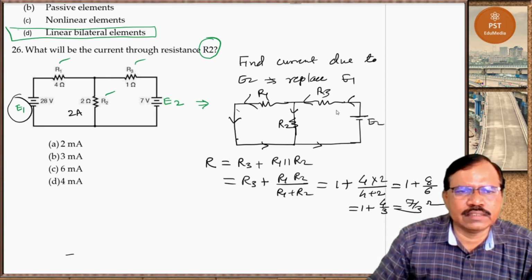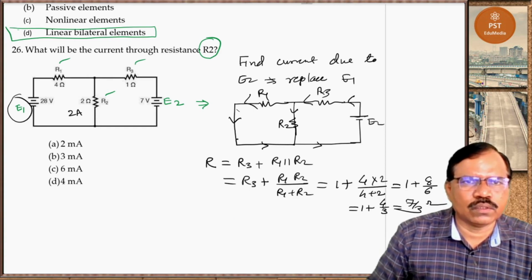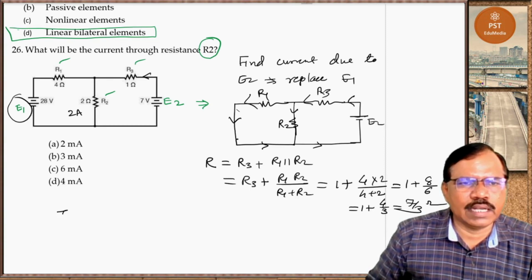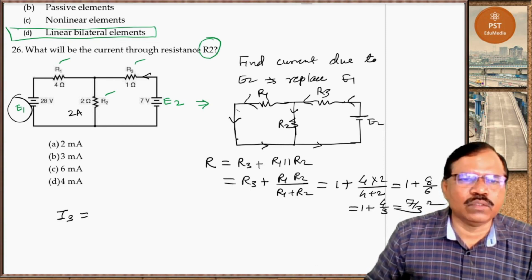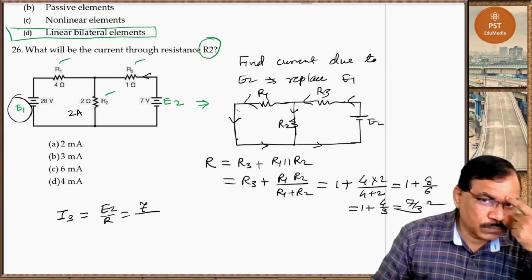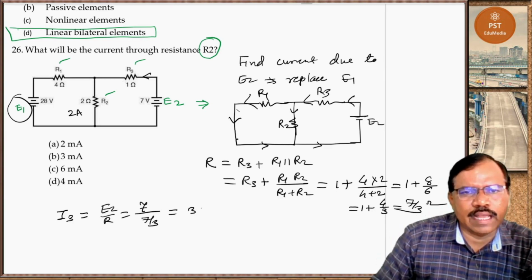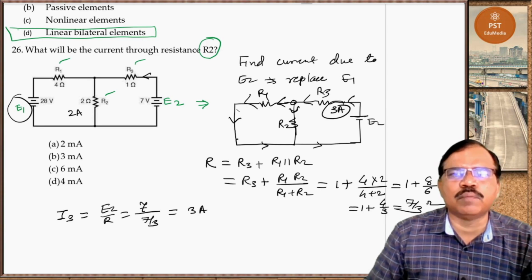So what is the current? We take the total current flowing through R3 and call that I3. I3 is equal to E2 upon the total resistance, so it is 7 upon 7 by 3, so it is 3 ampere. Now that current is divided into two parts.